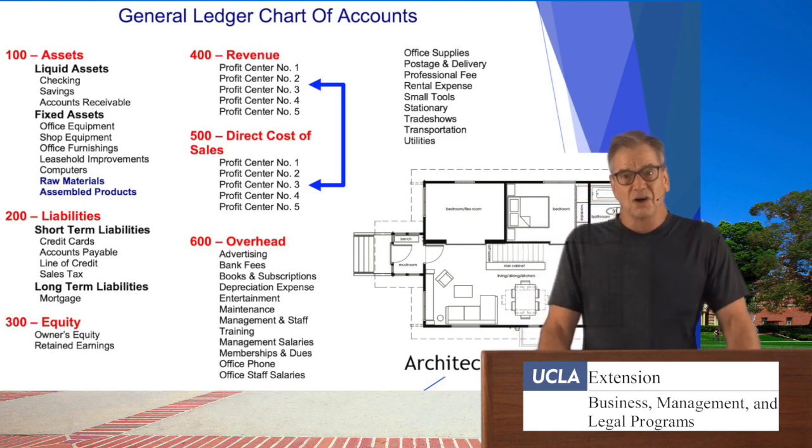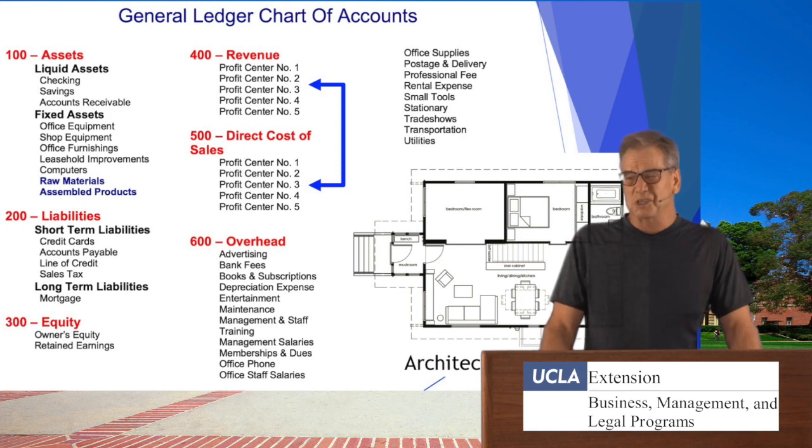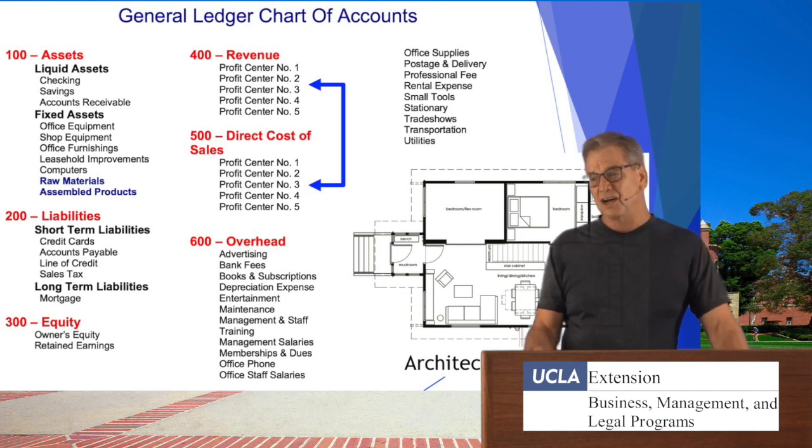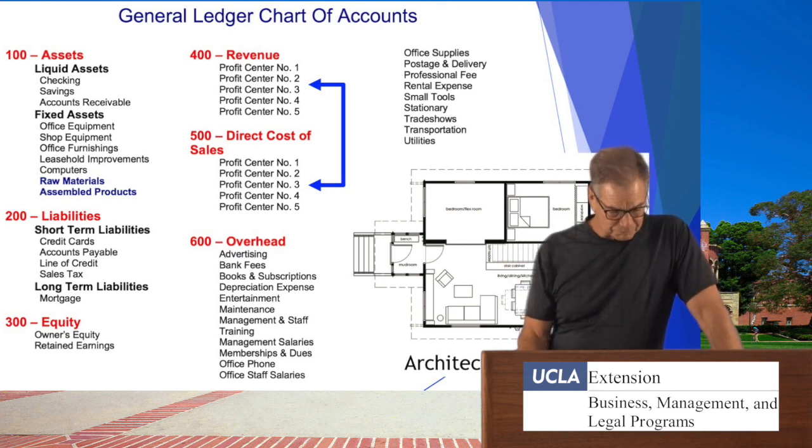So if you know what you're doing before you get into it, you could save just a humongous amount of unnecessary bookkeeper fees and accountant fees in untangling this stuff.